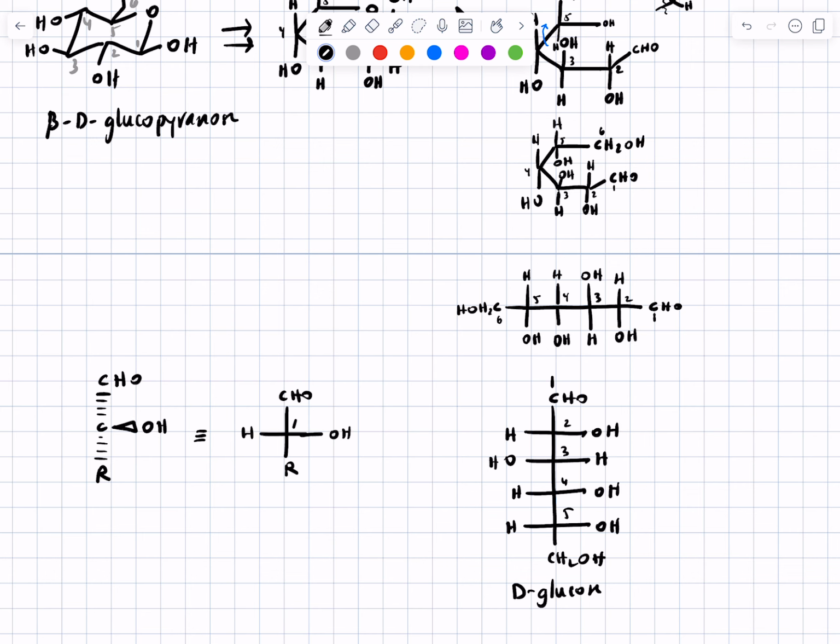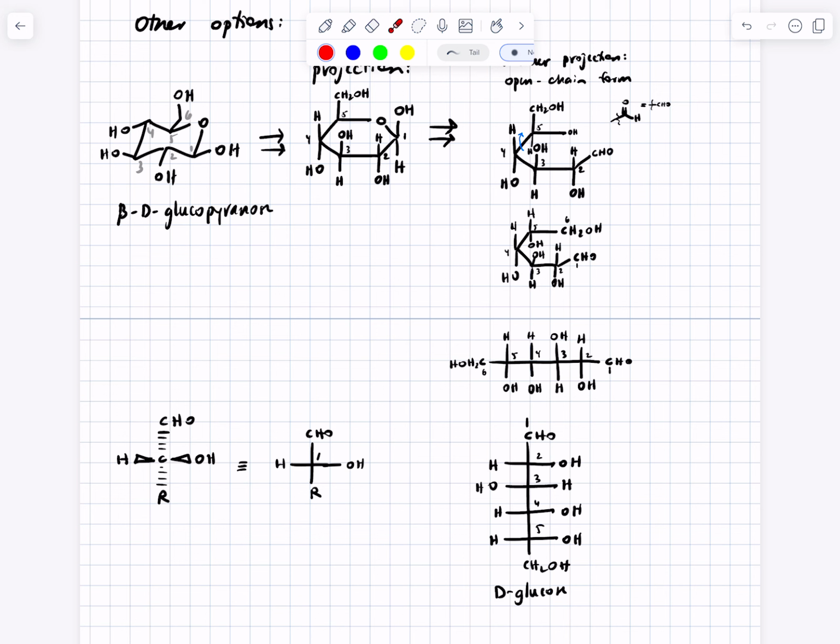The OH and the hydrogen are pointing out towards you as wedges, and the CHO and the R group are pointing away from you as dashes. So some people try to start with this, put all the stereocenters in like this, and then watch their brains explode as they try to twist that around into something that an organic chemist could look at and say that's a reasonable looking structure. I find it's easiest to start from the chair and go there.